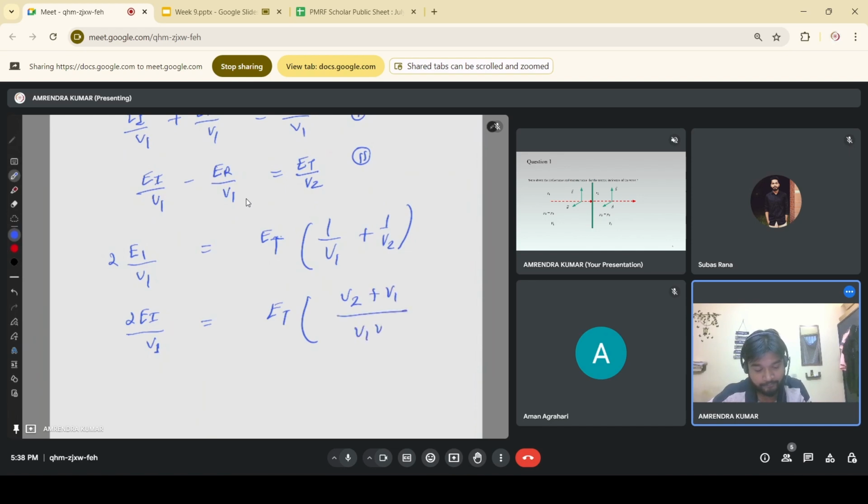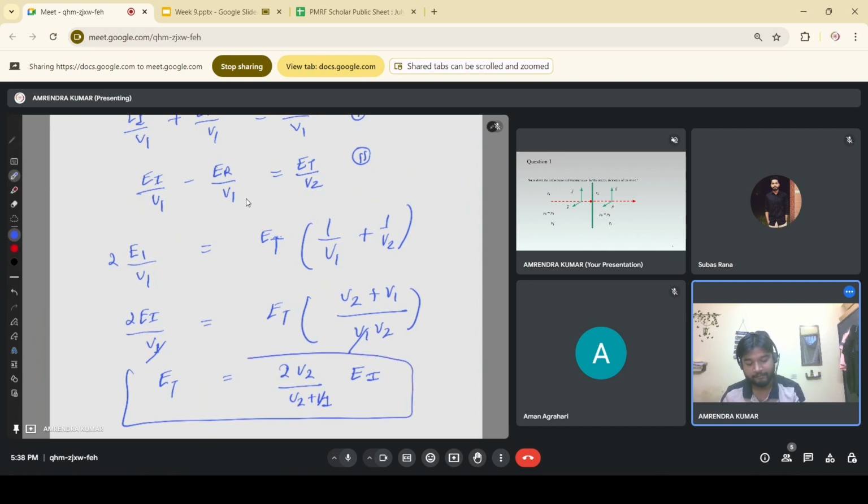Now you can cancel out the common terms. So whatever the transmittance is, it will be 2 V2 over V2 plus V1 times E incident. Okay, so this is what you got.